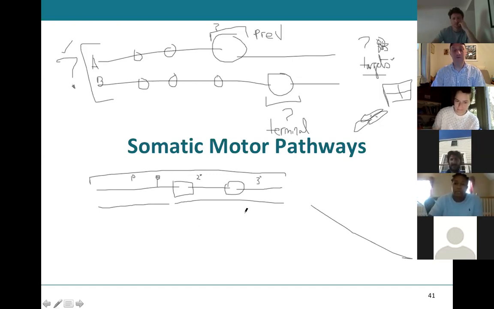But today, what we're going to focus on is how the information travels from our post-central gyrus, and then we end up initiating a pre-central gyrus signal that descends through our upper motor neuron down to our lower motor neuron. And now, Ryan, this is when you activate those somatic motor cells. Okay?